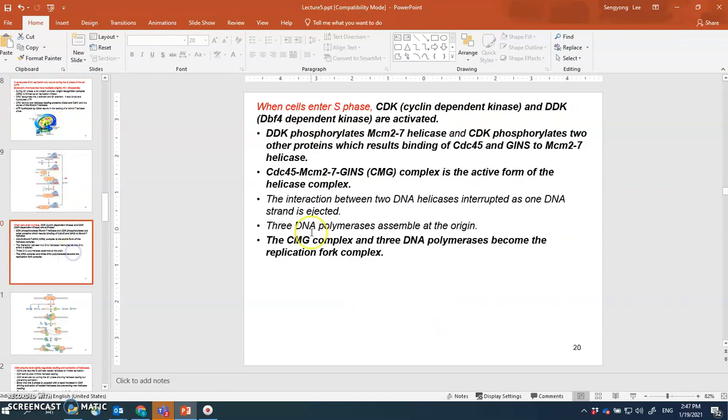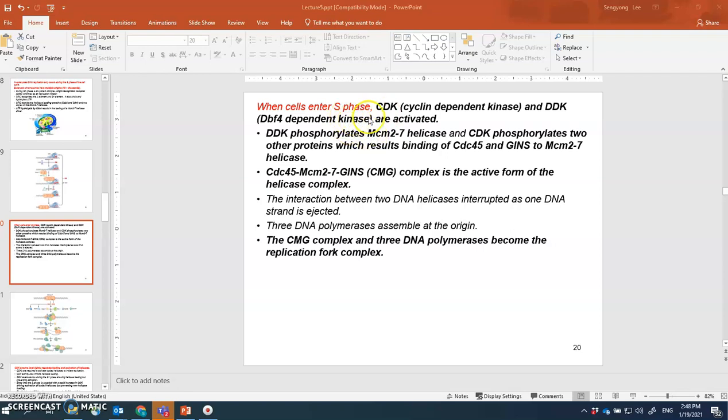So we just talked about that happening during the G1 phase, but in the S phase, there are changes in phosphorylation. CDK, which stands for cyclin-dependent kinase, and DDK, which is DBF4-dependent kinase, are both kinase enzymes. Kinases are the enzymes that do phosphorylation. They can put phosphate onto their substrate.